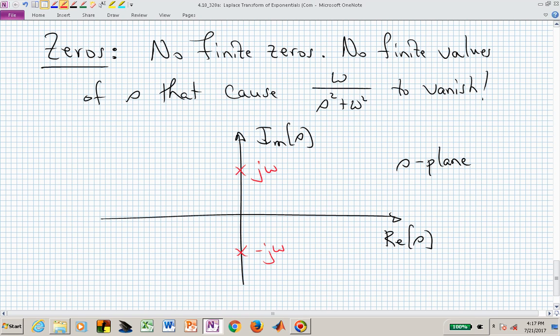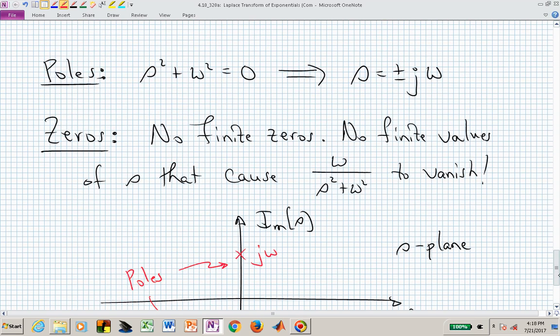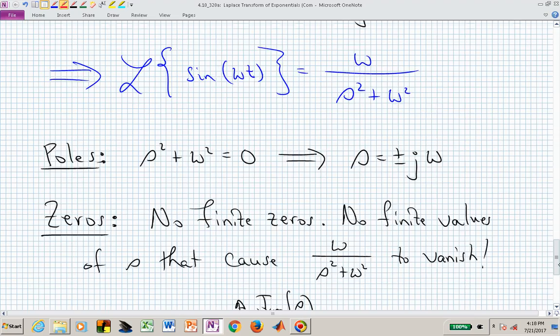There are no open circles. There are no zeros in that transformed operation, and we have poles in the complex s-plane at the exact same location as we did for the cosine. The difference is there are no finite zeros for a pure sine wave's Laplace transform.